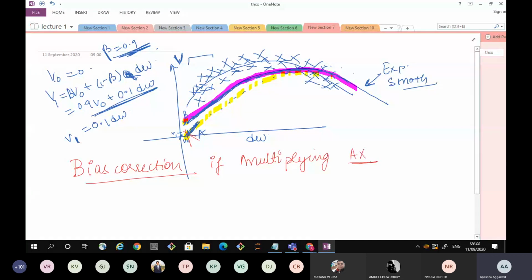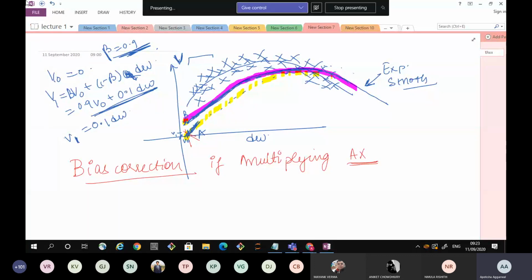If I multiply it with a larger number, it will give me some value at point B. Instead of multiplying, I can divide by a smaller number. It is one and the same thing. If I divide by a smaller number or multiply by a larger number, it will get somewhat corrected to the pink line that we want. We want the pink line, but it is giving me the yellow line. So this is called bias correction.